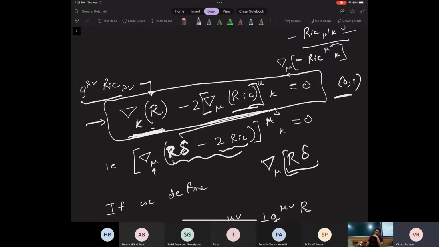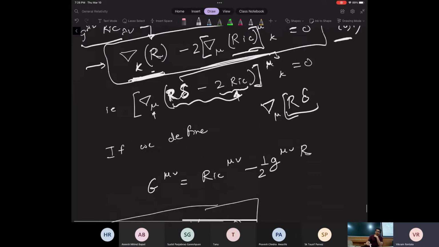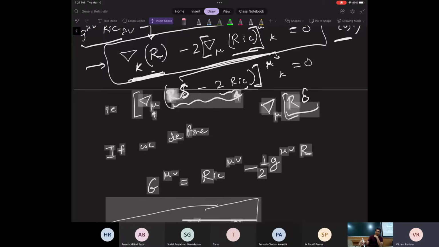So this is the Ricci tensor, and after I differentiate the Ricci tensor, I put the indices mu kappa on whatever I get.